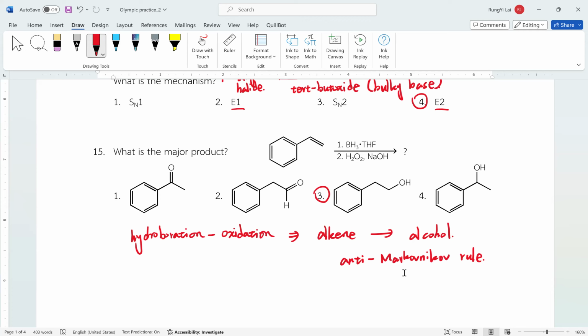So this one we call the anti-Markovnikov rule. If you want to generate this other one, you need to follow Markovnikov addition. So you will simply use water in acidic condition. So this one is following the Markovnikov rule. So you have 2 different conditions to generate different alcohols.